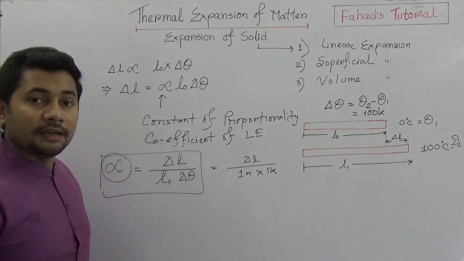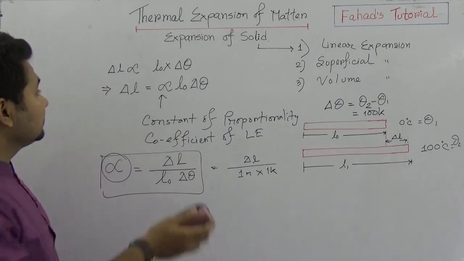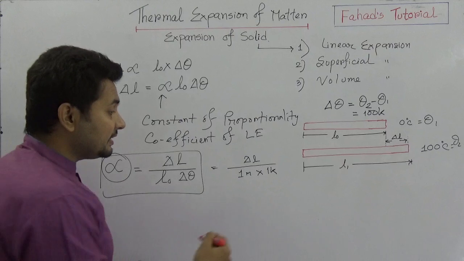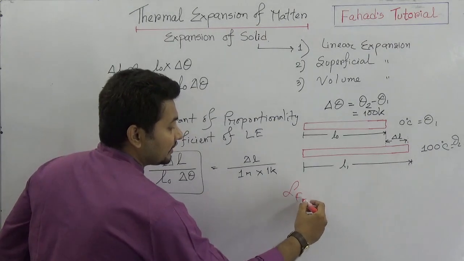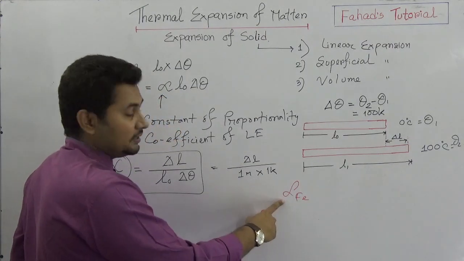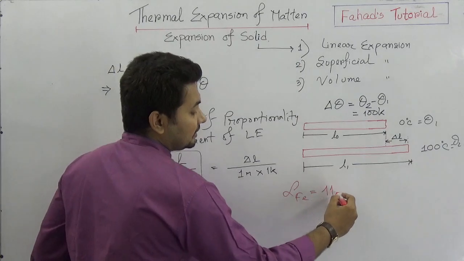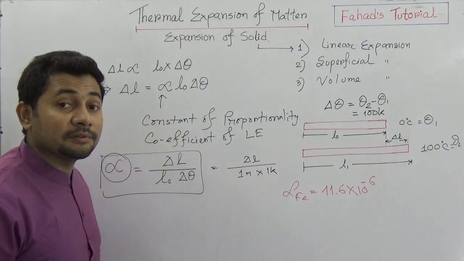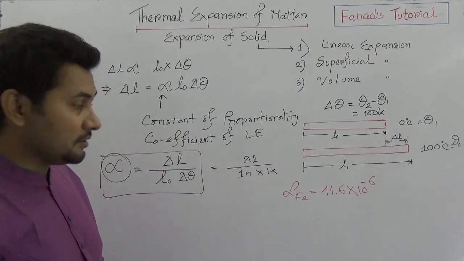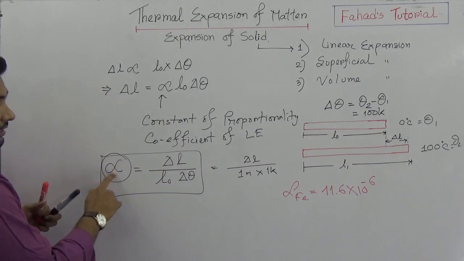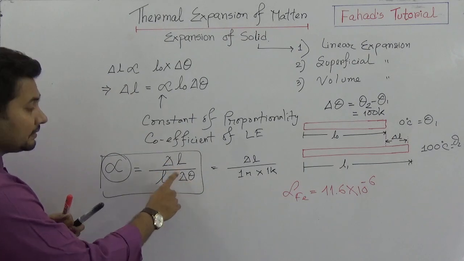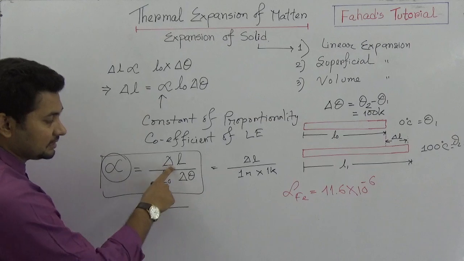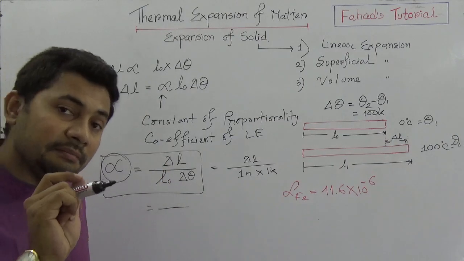Now if I say that the coefficient of linear expansion of iron is 11.6 times 10 to the power minus 6, think about the unit of alpha. As we say alpha equals del L by L naught del theta, del L is length, so the unit should be meter.